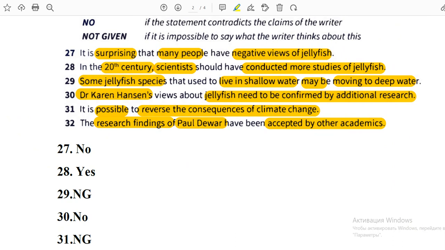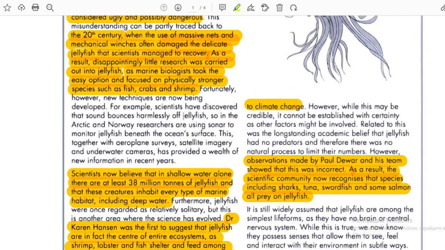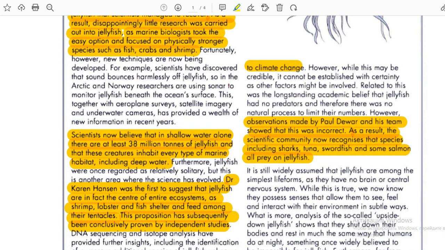The research findings of Paul Devar have been accepted by other academics. Research findings of Paul Devar accepted by other academics are locators. Let's go to our third paragraph of the passage once again. And here it is. Observations made by Paul Devar and his team showed that this was incorrect. As a result, the scientific community now recognizes that species including sharks, tuna, swordfish, and some salmon all prey on jellyfish.